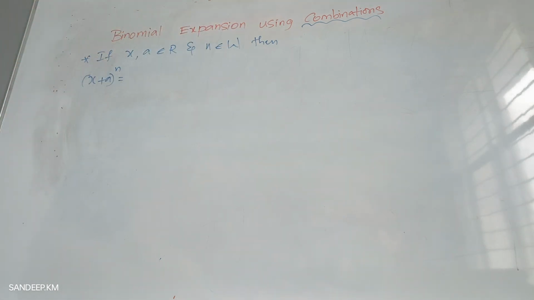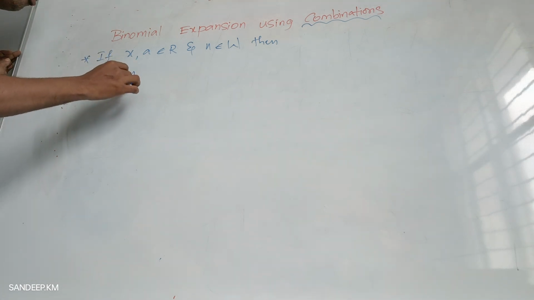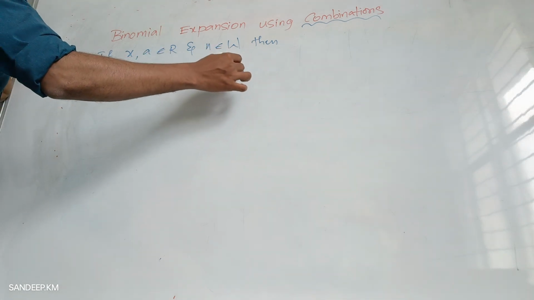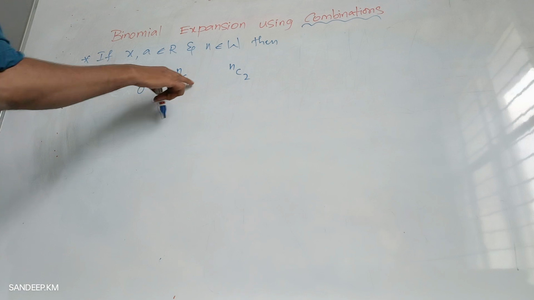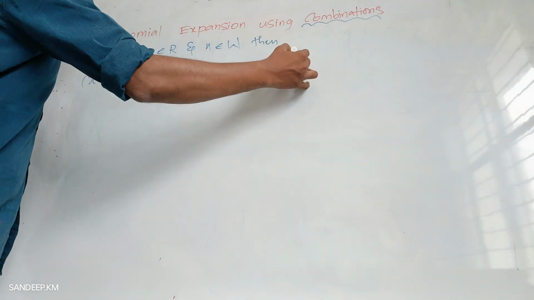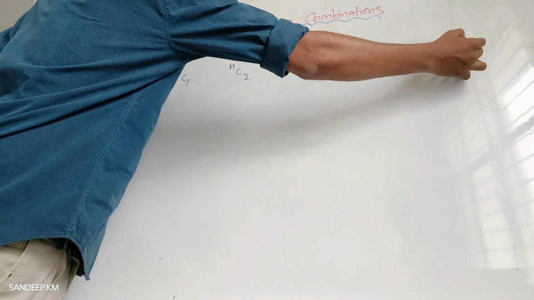First let us write the coefficients. The index is n, right? The first coefficient nc0, next nc1. These coefficients are called binomial coefficients. nc0, nc1, nc2, nc3 and so on. The last one will be ncn.